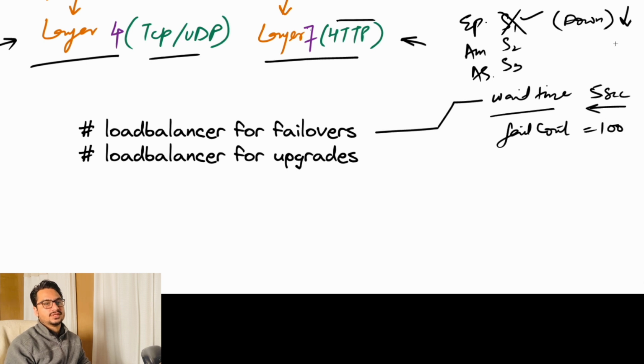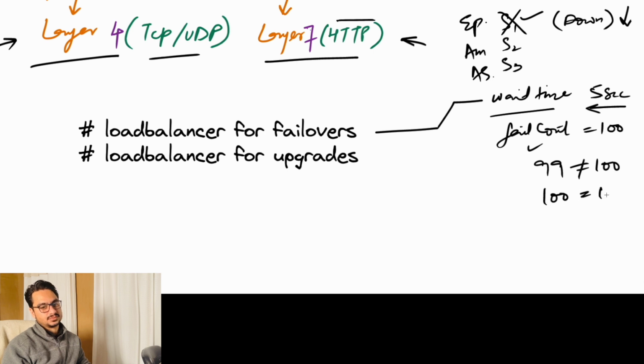So if server 1 fails for the first time, you increment the counter. Unless this is, say, 99, which is not equal to 100, the load balancer will still consider the server as up. But as soon as this becomes 100, and 100 is equal to 100, then automatically the server will be termed as a down server.